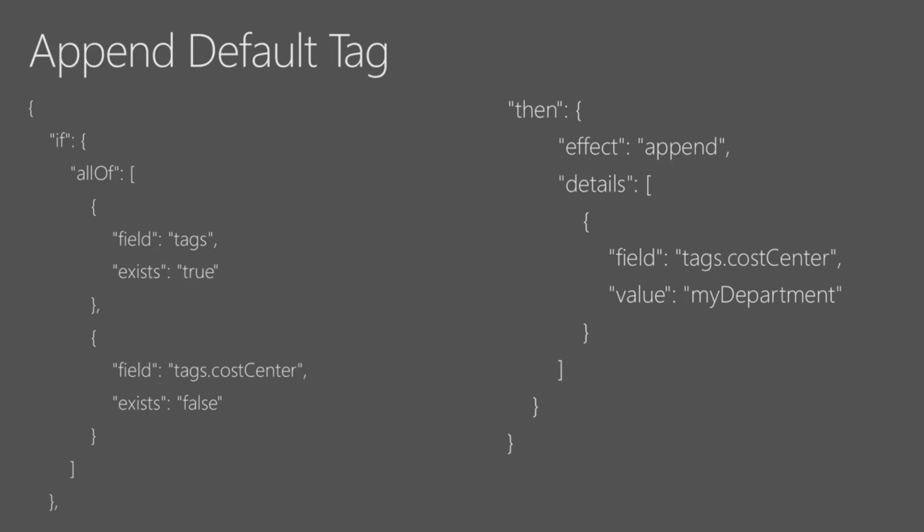It says, if you have tags, but your tags don't have callCenter, then I want to append some details. The details is an object. The field is tags.callCenter, and the value is my department. Usually you want to assign this to a particular resource group, because when you create a resource group, you know which organizations are using it and which call center it is used for.